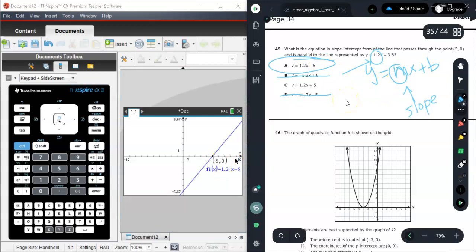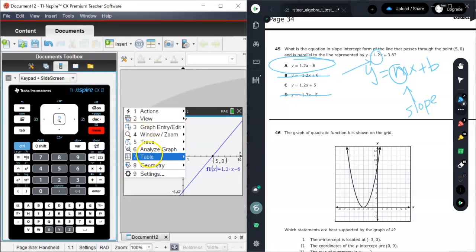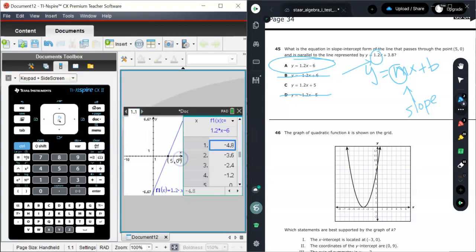Here's the other way you can do this. Let's say it gives you some other random point that is not your 0. Let's say it gives you like (4, 3). What you can actually do is you can add a table in there. So if I hit menu, I can go to table and I can go to split screen table. That gives me the coordinates.